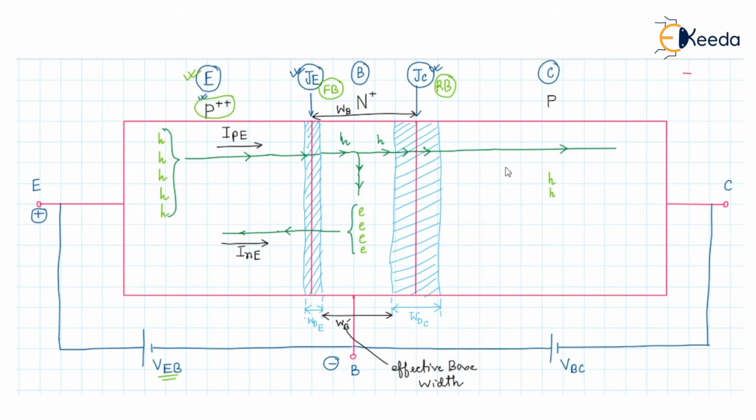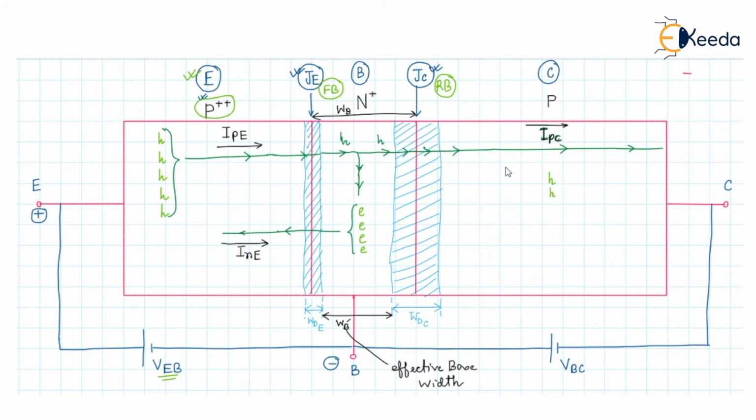The holes will cross this junction and constitute a current inside the collector, that is IPC, the collector current component due to the holes.